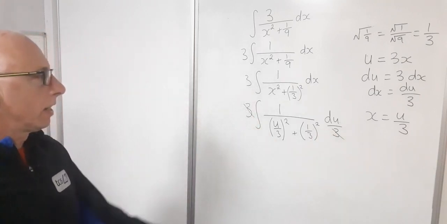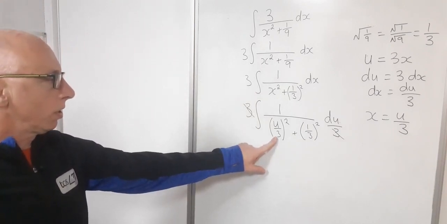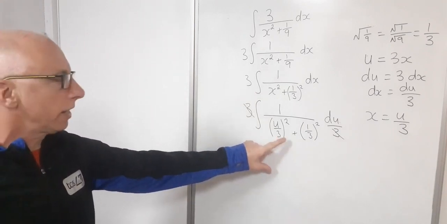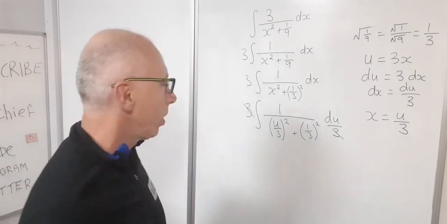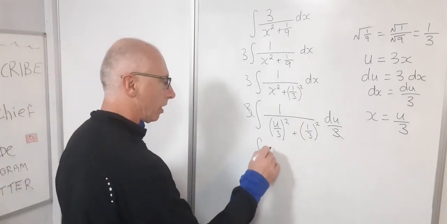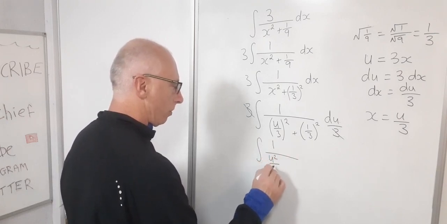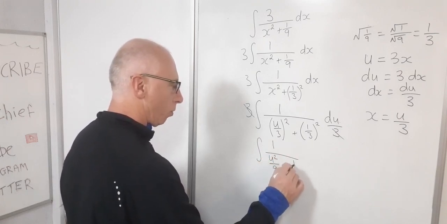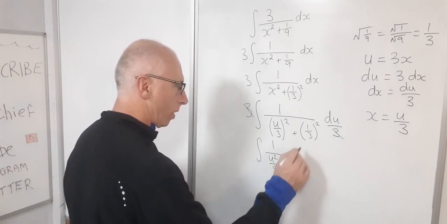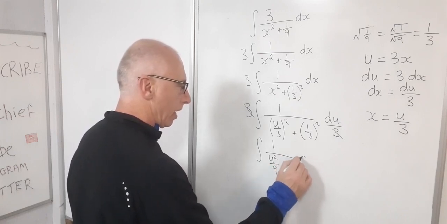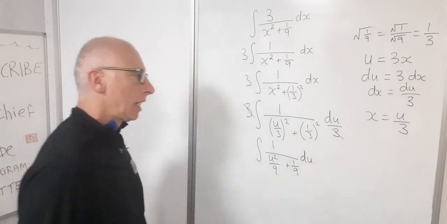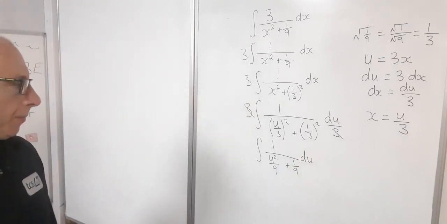Okay, now what about u over 3 squared and third squared? Let's just try and simplify that out a little bit. So now I've got 1 over u squared over 9 plus 1/3 squared, which is 1 over 9. And then that's just du.